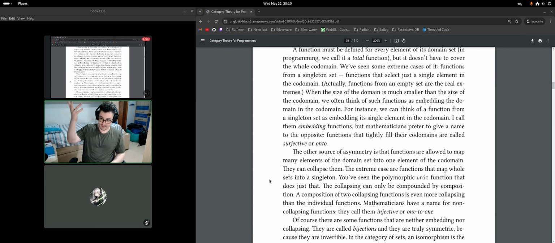Because the predicate picks a value of a type A and returns a boolean. So it's mapping all the elements of the domain to a codomain with only two elements. So this is collapsing. And not surprisingly, composition of collapsing functions is even more collapsing, right?